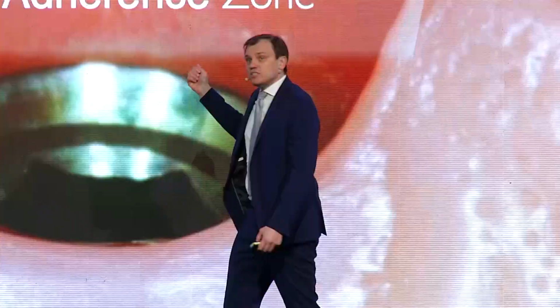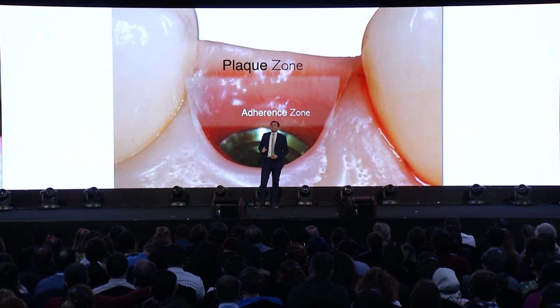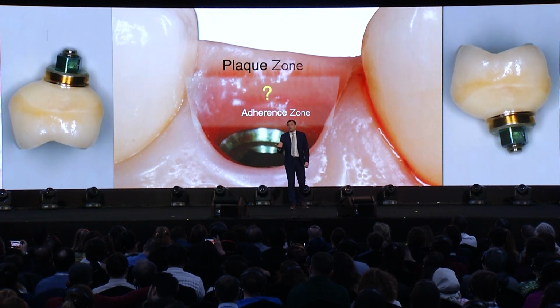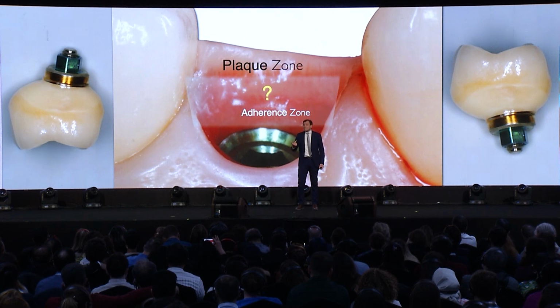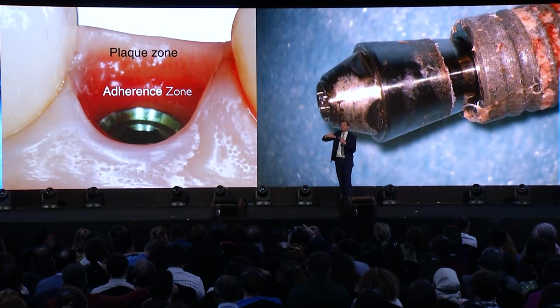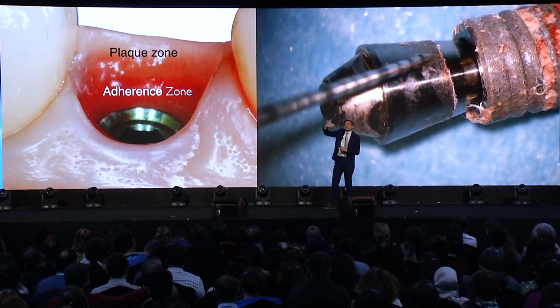But before we go here, remember this picture when we talked about vertical tissue thickness. Now we're going to look at it from the prosthetic point of view, because we're going to see the same video, everything the same, only we're going to discuss how prosthetic material influences that adhesion or creation of the clean zone.